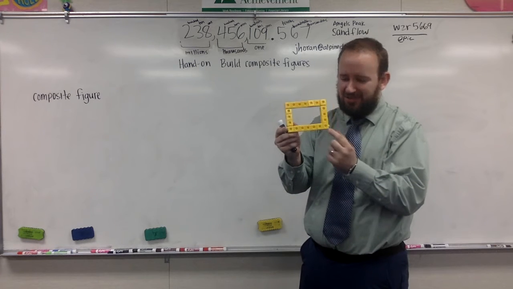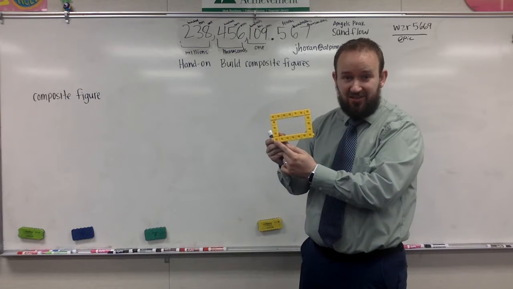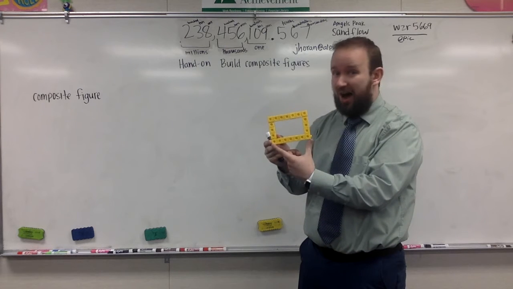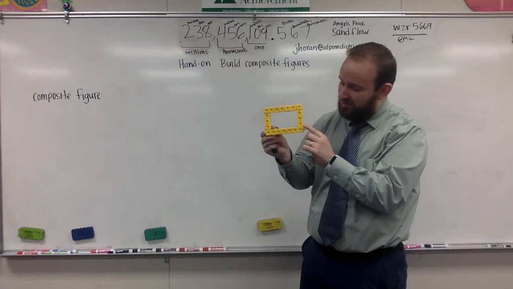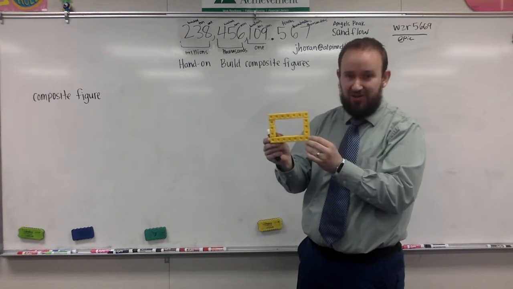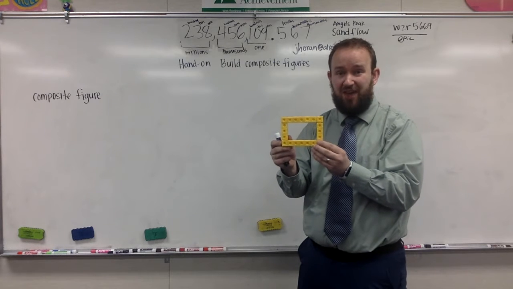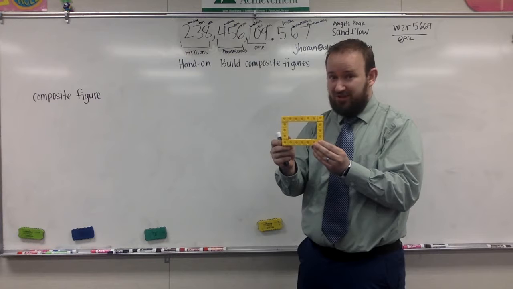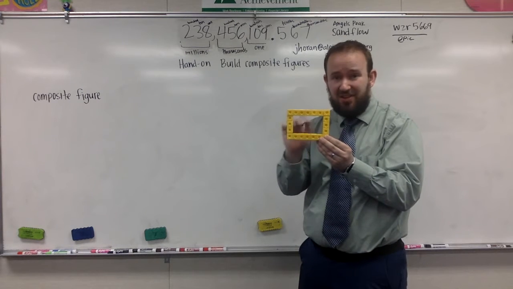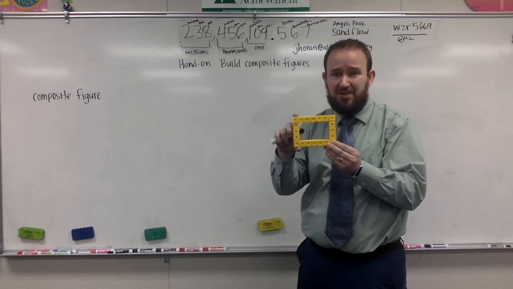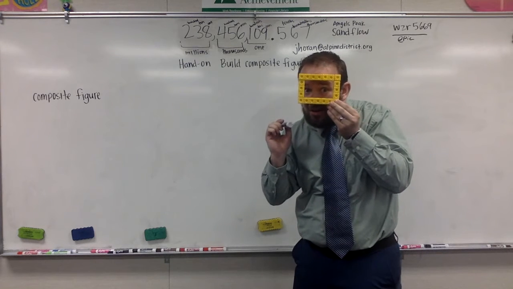If I counted this, it would be 1, 2, 3, 4, 5, 6, 7 units wide or long, 1 unit wide, and 1, 2, 3, 4, 5 units tall. That would be 1 times 5 times 7, which would be 35 units cubed. But what about this stuff in here? There's nothing there. So length times width times height does not work when there's empty space in the middle.